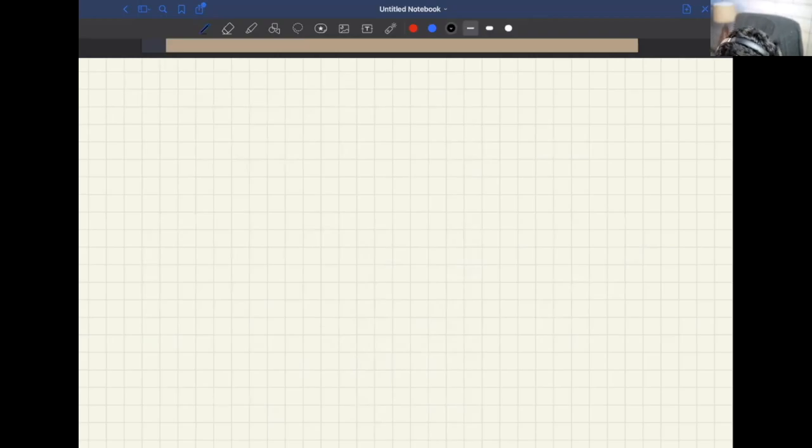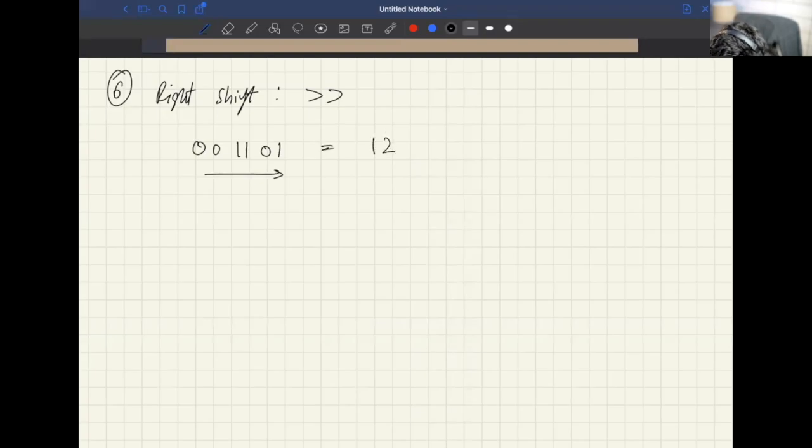Next one is the sixth one, right shift operator. It's the opposite of this. So can anyone tell me what this might be? If I'm saying a number, let's say 01100, which is equal to 12. If I'm doing right shift of this, right shift basically means remove this last bit and put a 0 in front of it. So basically, if I remove this, 00110, it's actually equal to 6.